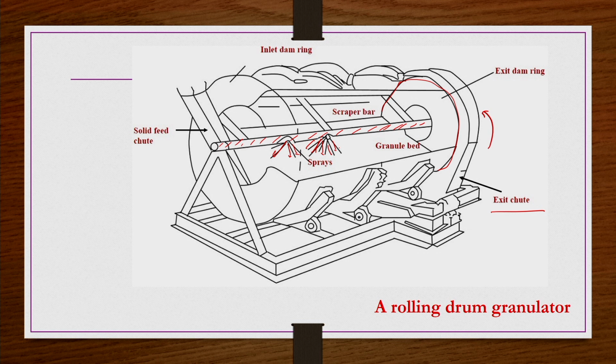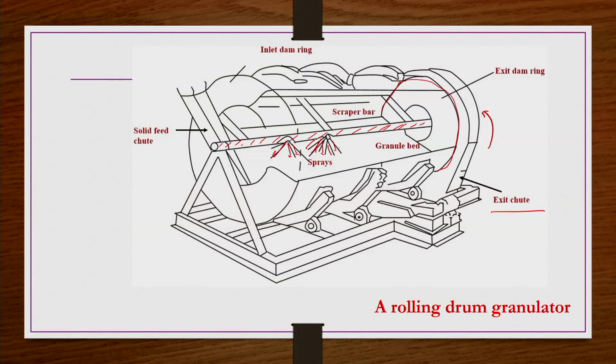The working process looks similar, but its design is going to be properly managed in order to have proper granulation. In these drum granulators, there is also a scraper bar which is going to control the granulation process, the amount of liquid coming and the amount of solid feed.